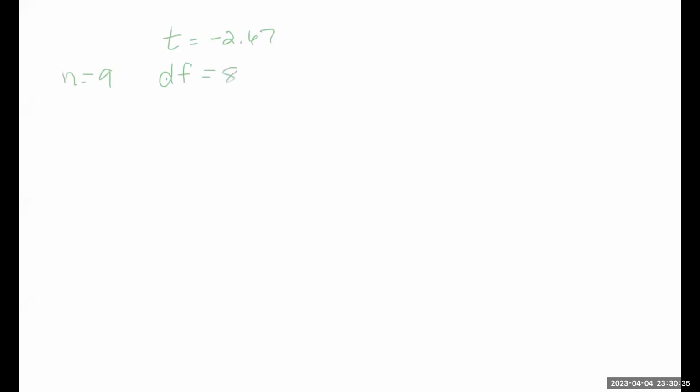Okay, and so if we want to do the R squared, your R squared equation is going to be t squared over t squared plus degrees of freedom, which then will give me R squared. That's going to be negative 2.67 squared over negative 2.67 squared plus 8.